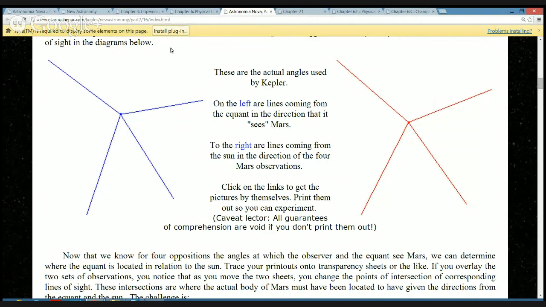The angle between these blue lines here looks more like 120. So the time on the left was longer than the amount in the sky that Mars actually moved between those two times. So it's going slower in that direction. That's a hint that the equant is more in that direction, roughly speaking.